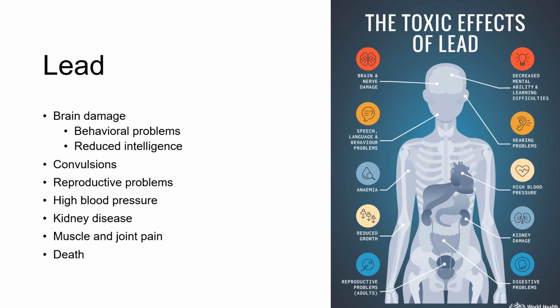If adults are exposed, say they weren't exposed as children but then become exposed as adults, it can cause reproductive problems, high blood pressure, kidney disease, digestive problems, nerve disorders, memory problems, and muscle and joint pain. So really, lead can cause a whole host of really bad symptoms in both children and adults who are exposed.